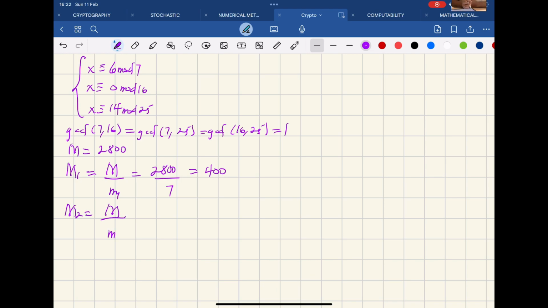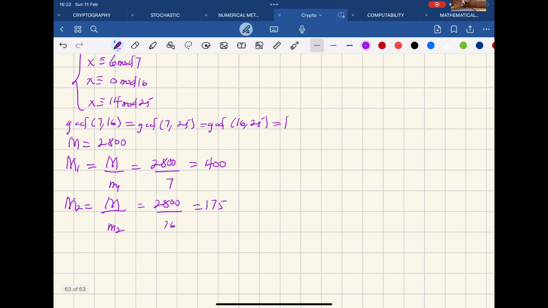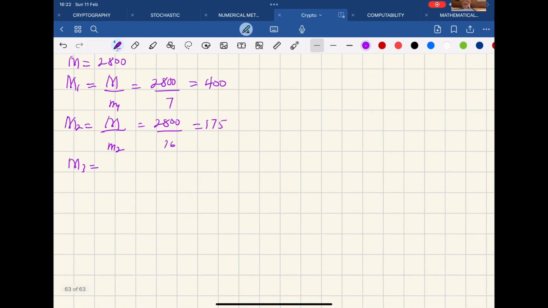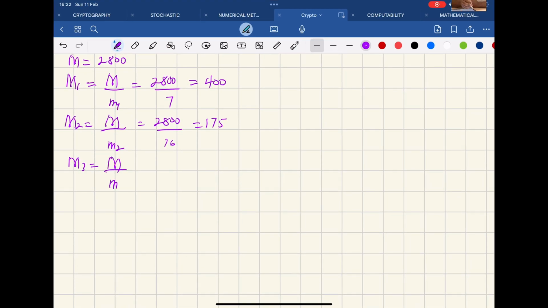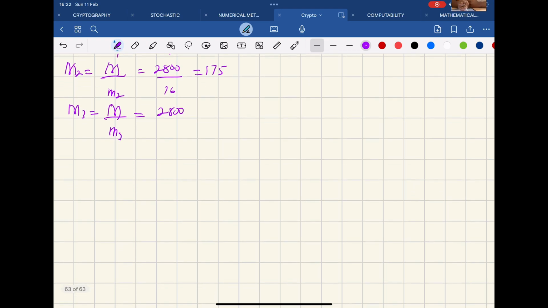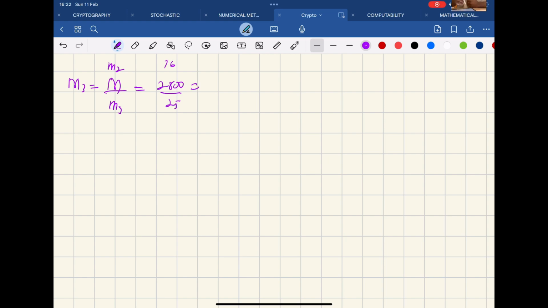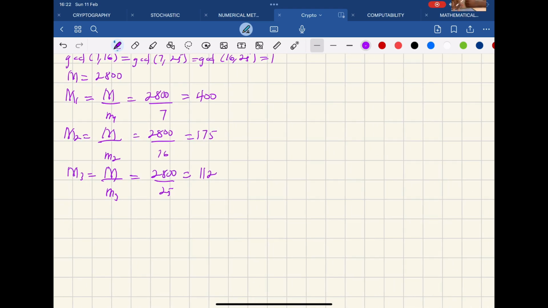Big M2 is equal to big M over small m2, which is 2800 over 16, and that is 175. Our big M3 is equal to big M over small m3, which is 2800 over 25, and that is equal to 112.